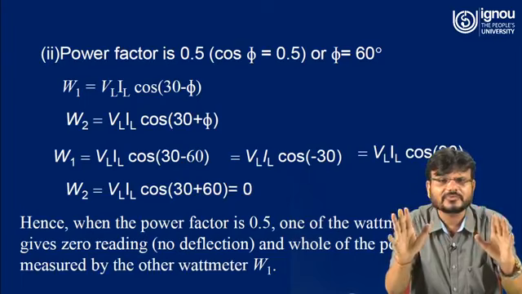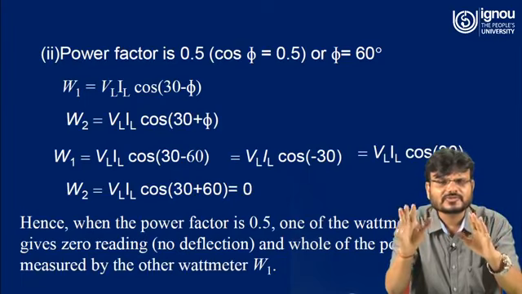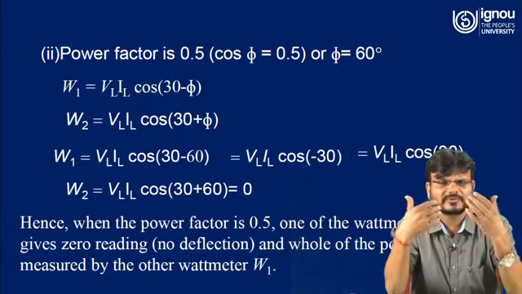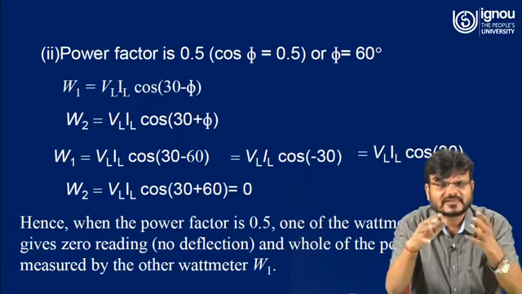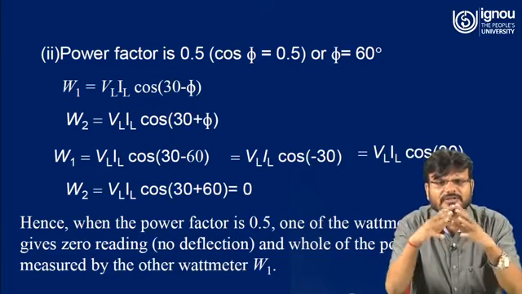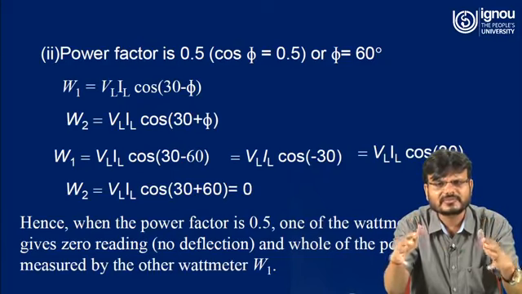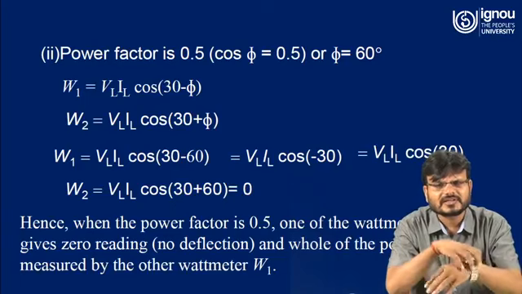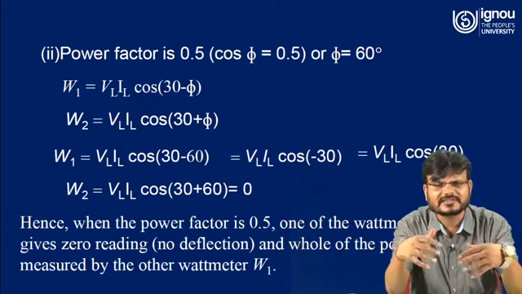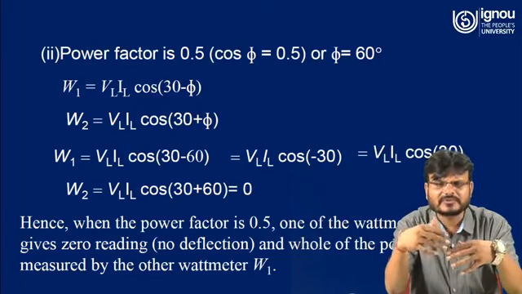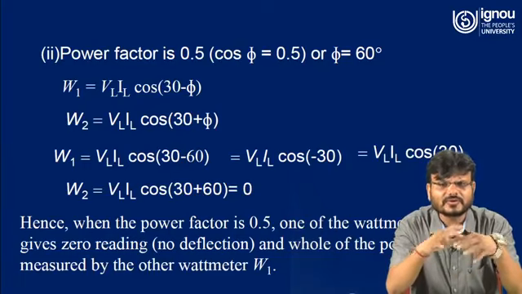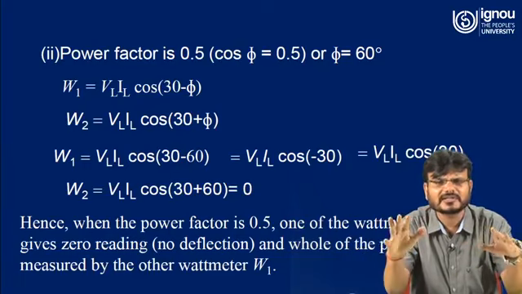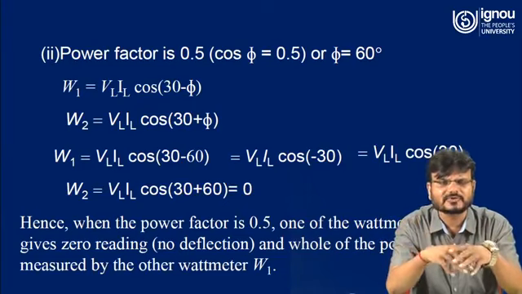That means the second wattmeter will give a reading of 0, so all the power is measured by only one wattmeter, W1. Hence, when the power factor is 0.5, one of the wattmeters, W2, gives 0 reading, that is, there will be no deflection in the wattmeter if it is an analog type, and the whole power is measured by the other wattmeter, W1.